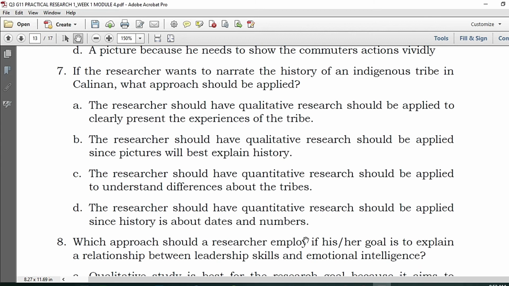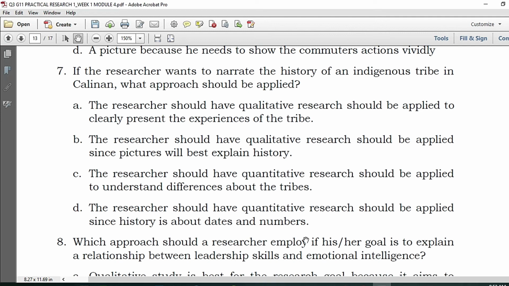Okay, number 7. If the researcher wants to narrate the history of indigenous tribe in Kalinan, what approach should be applied? A. The researcher should have qualitative research should be applied to clearly present the experiences of the tribe. B. The researcher should have qualitative research should be applied since pictures will best explain history.